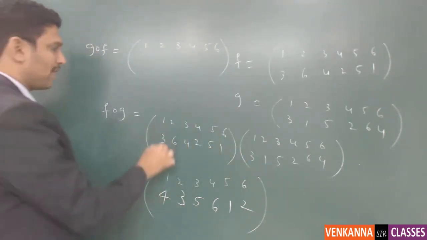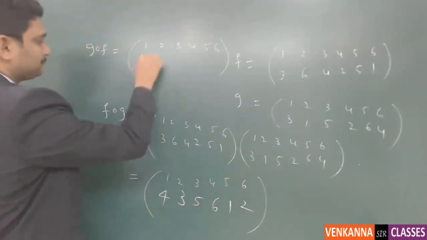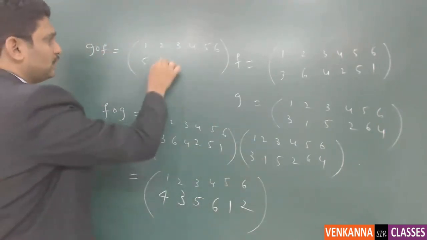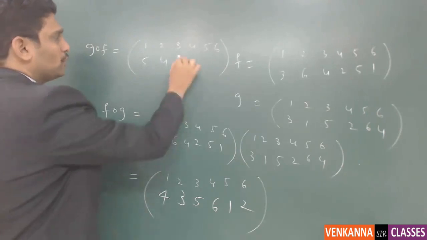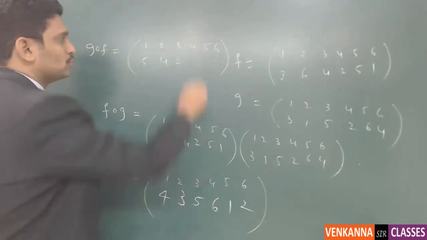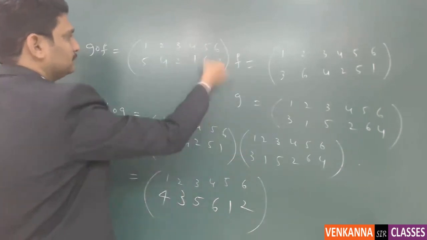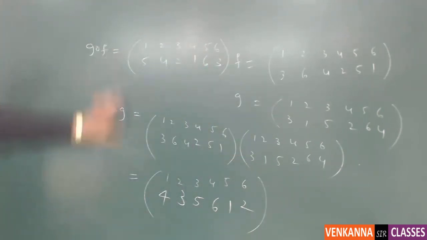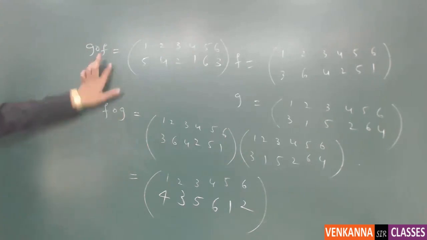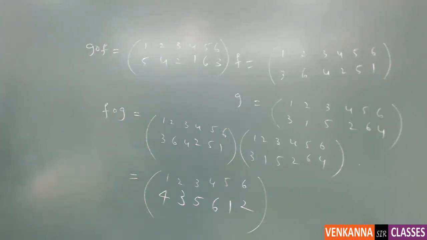For 1, 3, 3, 5, 2, 6, 6, 4, 3, 4, 4, 2, 4, 2, 2, 1, 5, 5, 5, 6, and 3. Now are they equal? So here F circle G and G circle F need not be equal.